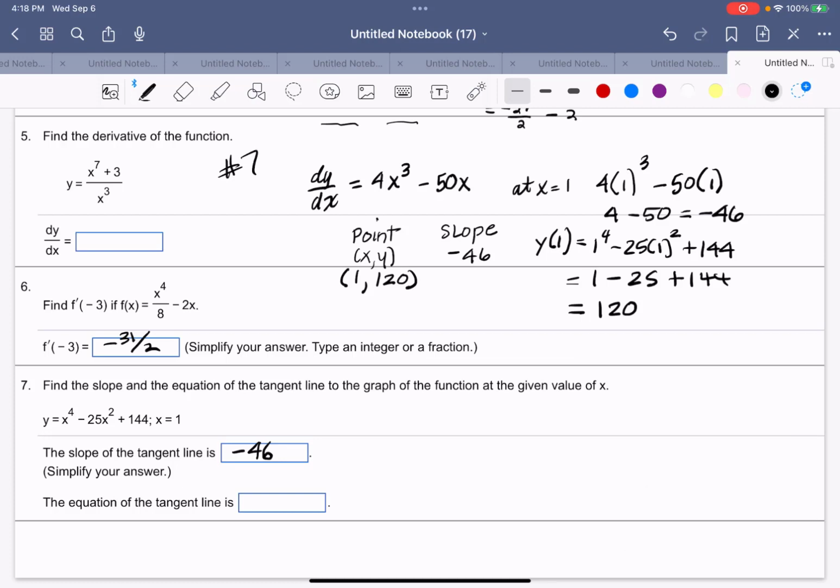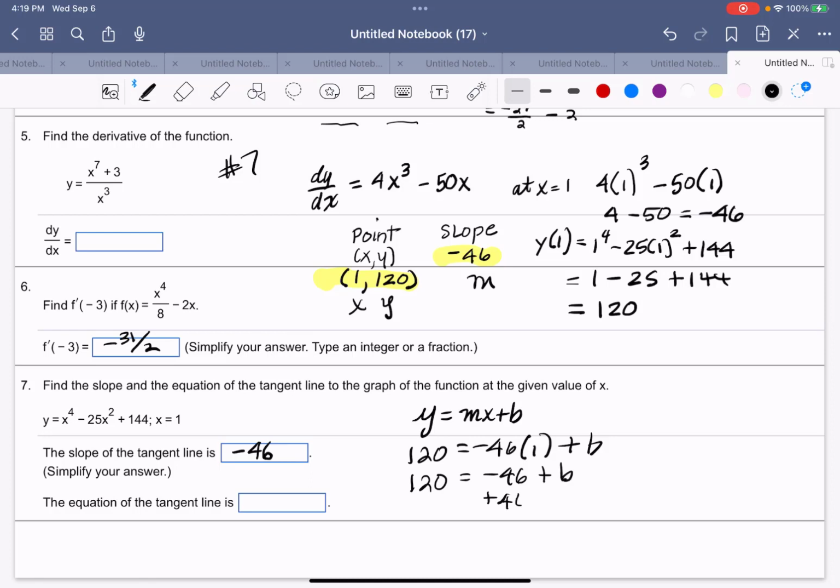And so using this point and this slope in the equation y equals mx plus b, I can substitute the x and the y and the m. So y is 120, m is negative 46, x they told us to use is 1. Don't know b yet, that's what we're going to find. So 120 equals negative 46 plus b.